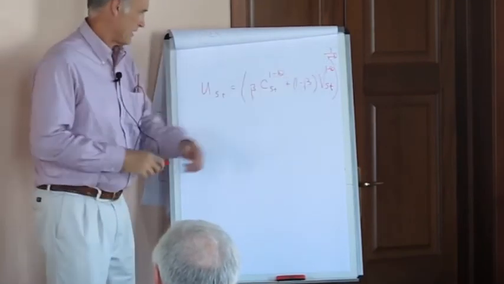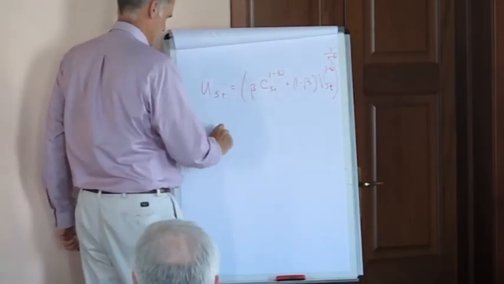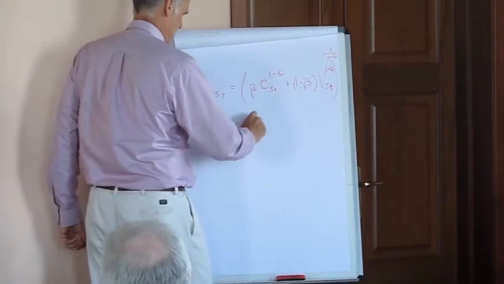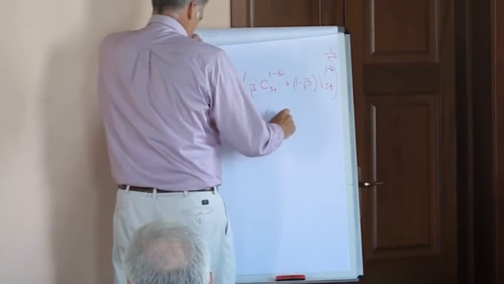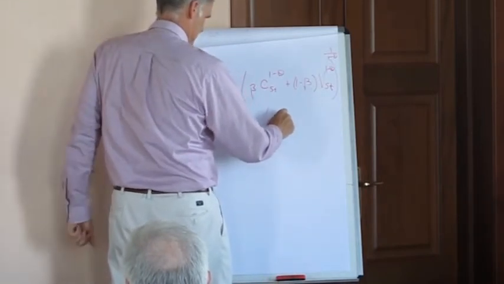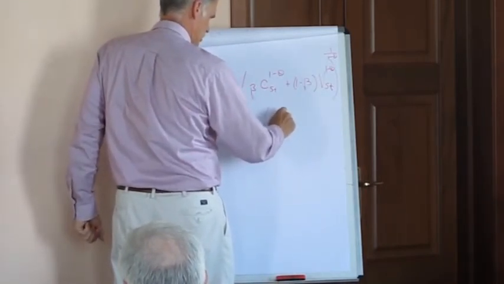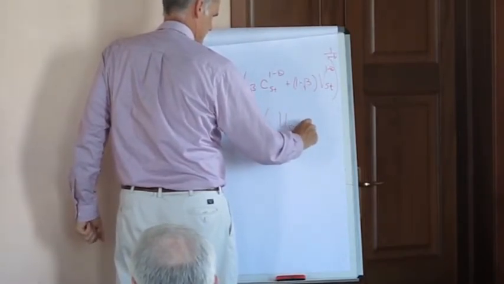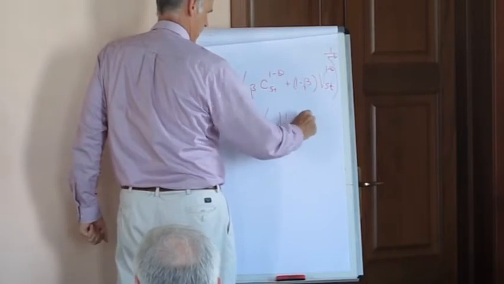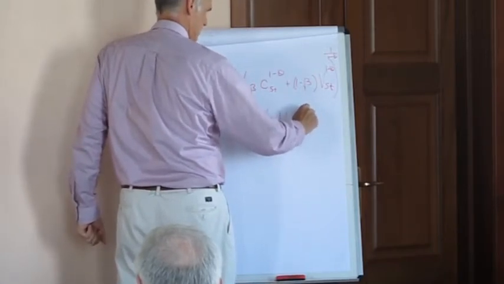So V sub S T then is the expected utility, which is going to be equal to the expectation over the U of S prime in T plus 1.